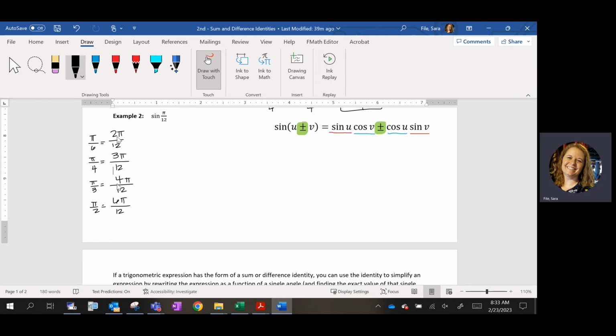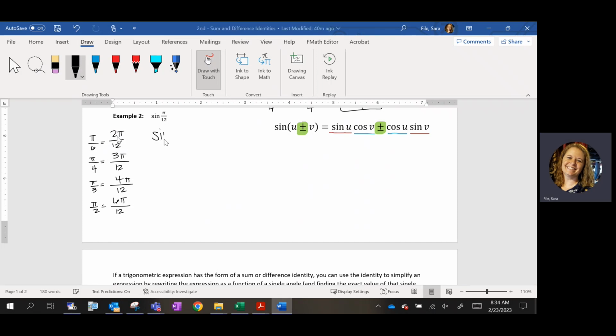Is there any combination of those special angles that would add or subtract to give me 1 pi 12th? Not add. They're not going to add to get smaller. Yeah, I could subtract.